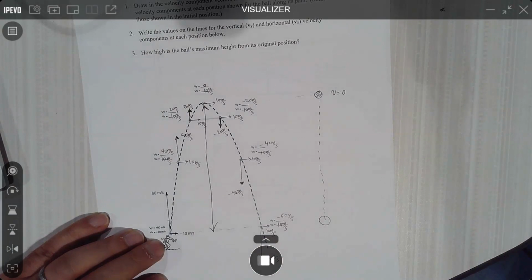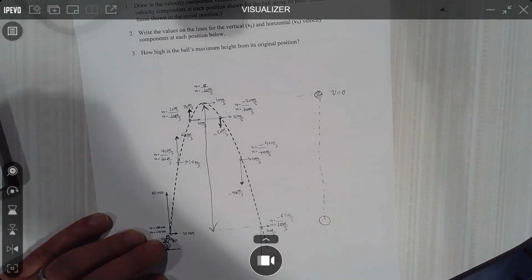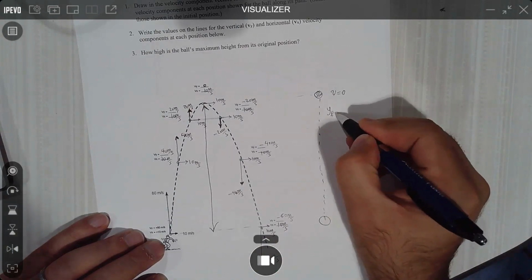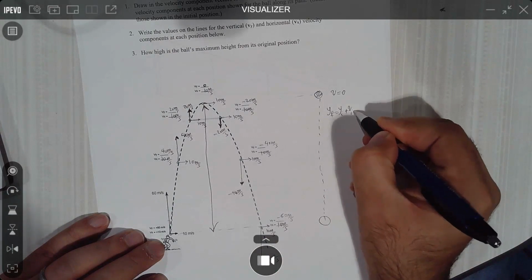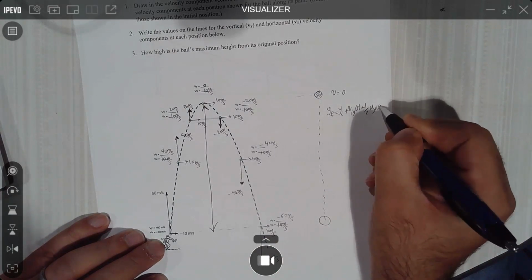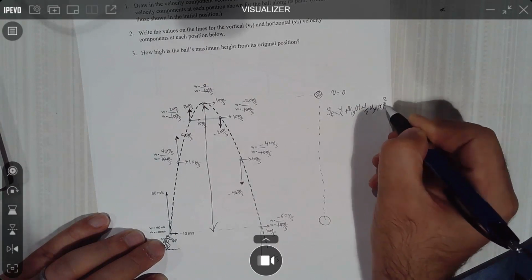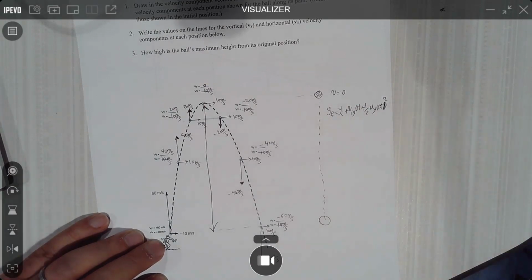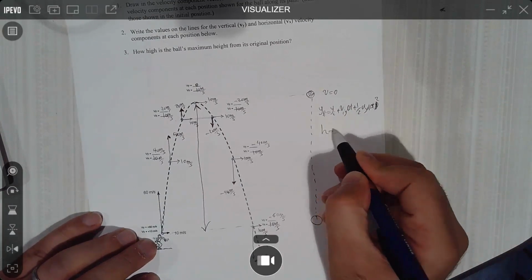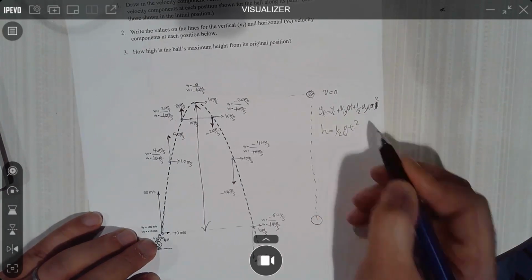You can use the formula of displacement with constant acceleration, which is yf = yi + viy delta t + 1/2 ay delta t squared. If I simplify this, it's going to be h = 1/2 g t squared, yes?